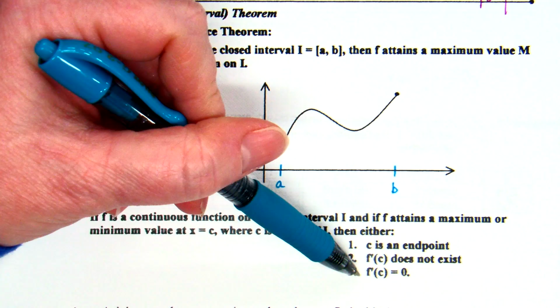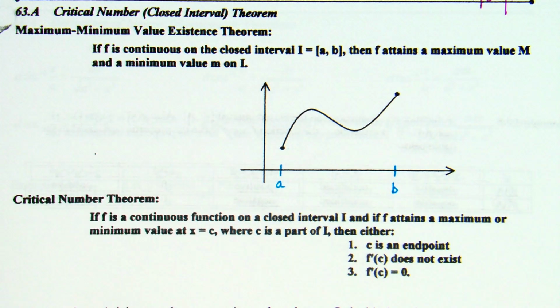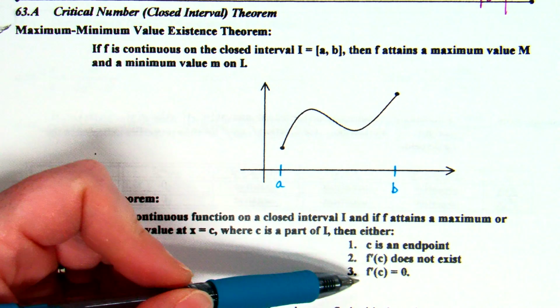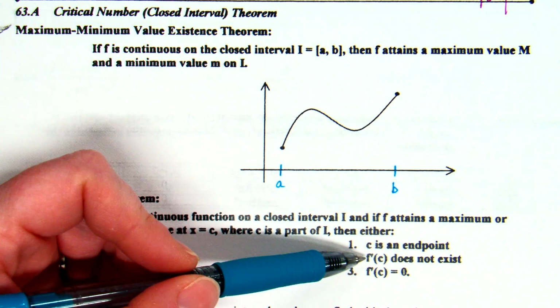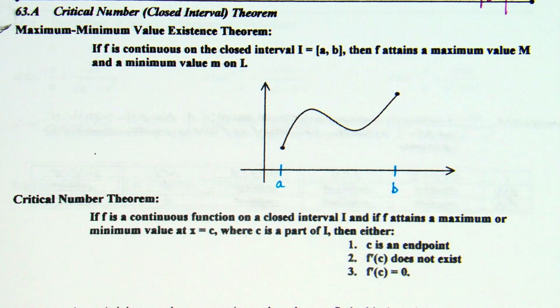It could be, I'm going to jump down to 3, where the derivative equals 0. And that's how we always find our mins and maxes, right? Derivative set equal to 0, that'll find our critical points. Or another one that we haven't really talked about is the derivative does not exist. And when you get a derivative that does not exist, like for instance 0 in the denominator or something like that, what it creates is a hard point.